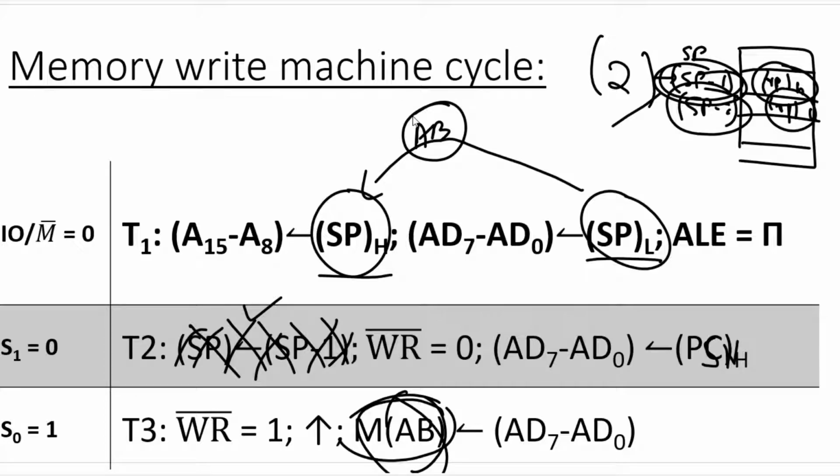So this will be memory write machine cycle number 1, and in memory write machine cycle number 2, PSWL will be loaded onto the data bus, and from the data bus to the stack pointer. So this will be the only difference between push RP and push PSW. There is no other difference. And remember, PSW, the process status word, is a register pair formed by the combination of the accumulator and the flag register.